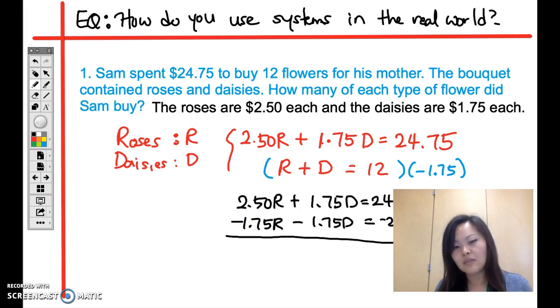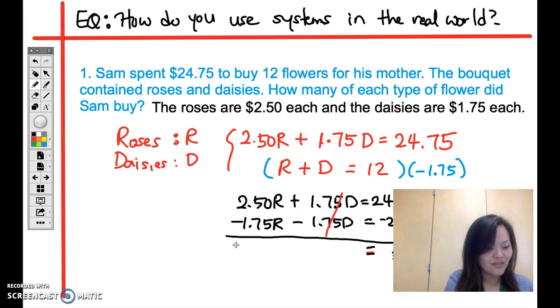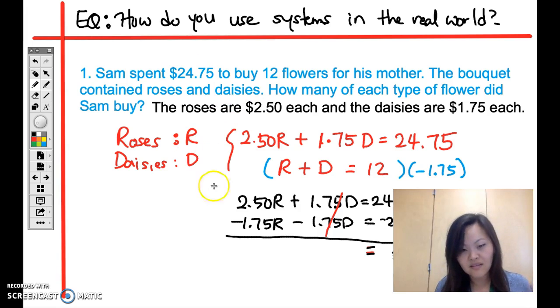So now we add top and bottom, and we already know that this cancels out. And this part over here is $3.75. On this side, 2.50 minus 1.75. That gives me 0.75R.